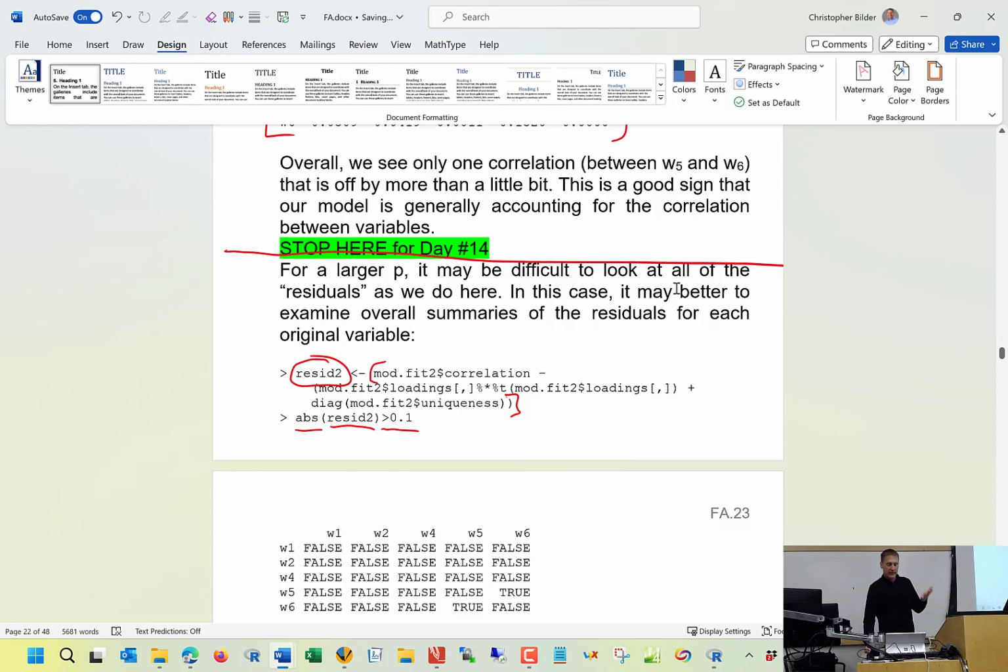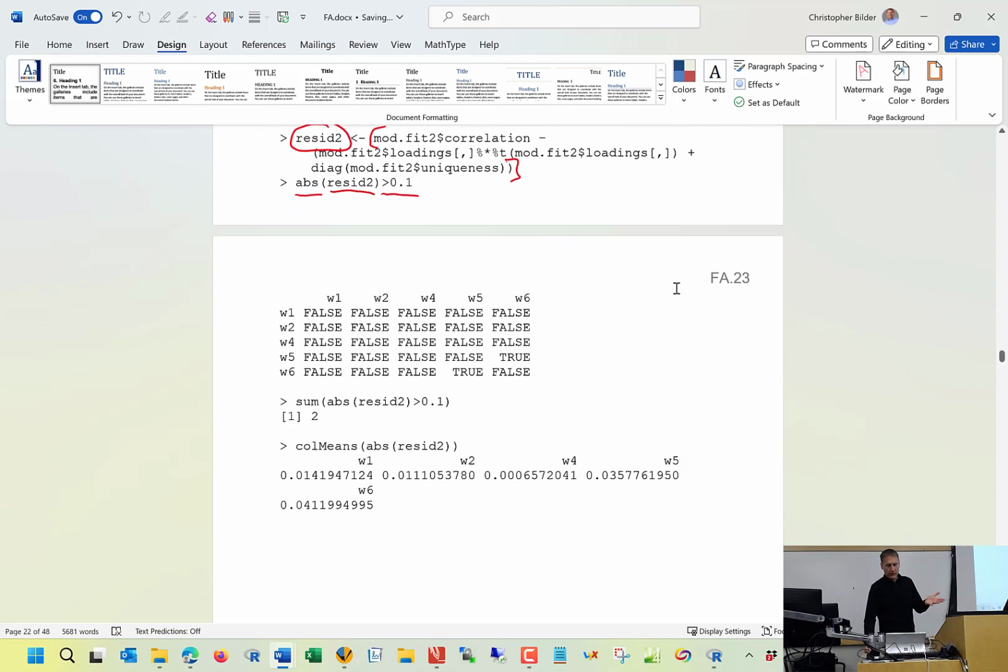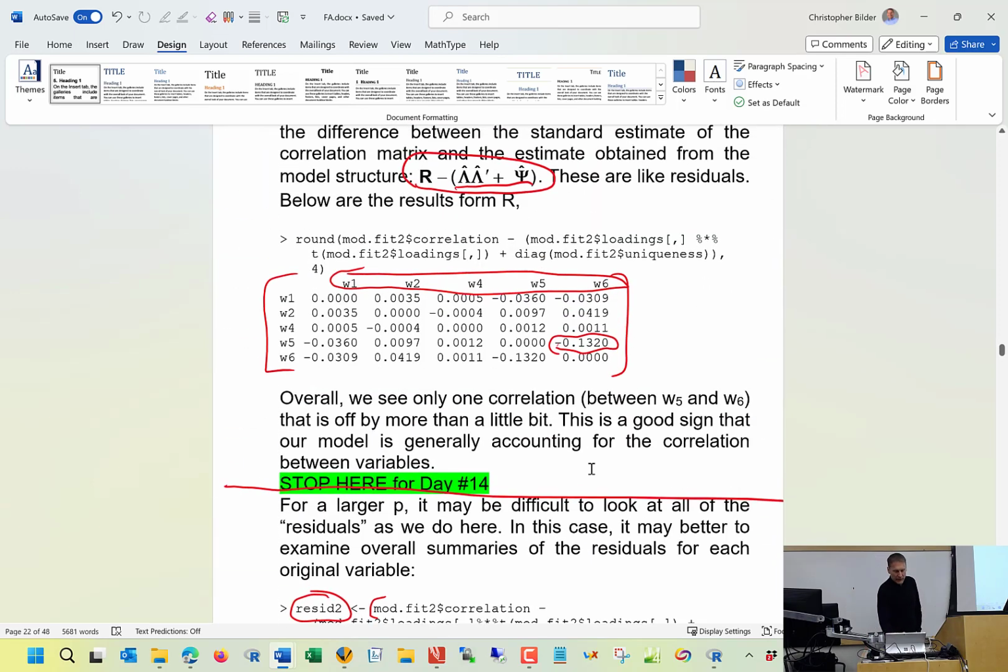Is the residual, in absolute value, greater than 0.1? And if it is, you get a true. If it's not, it's a false. So this is a quick way. Imagine if you had a 10 by 10 or a 20 by 20 matrix. It allows you to see, okay, where is this occurring? And that can be easier than looking at every single number that might be in there.